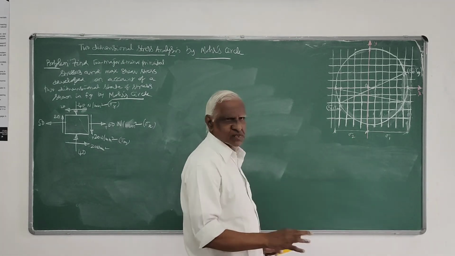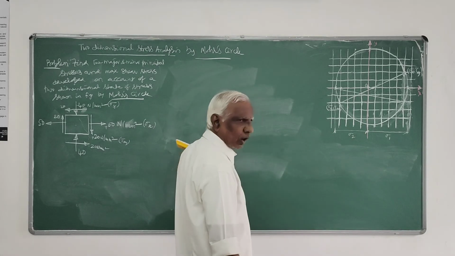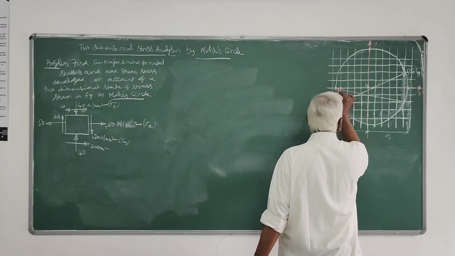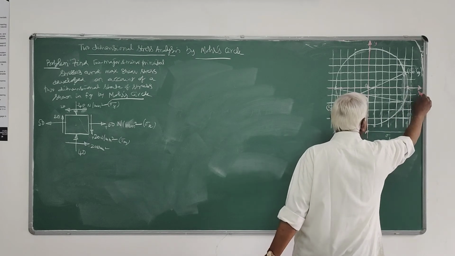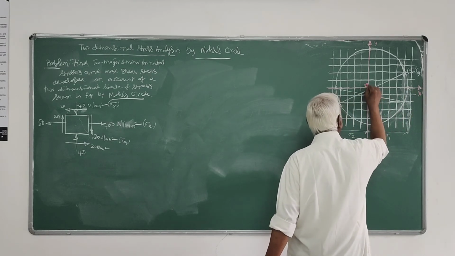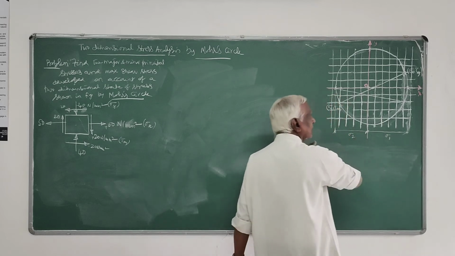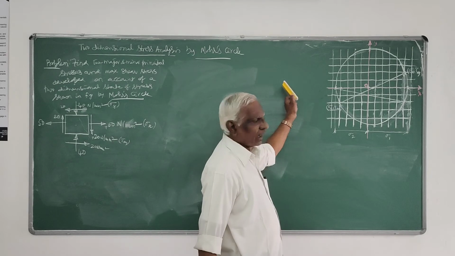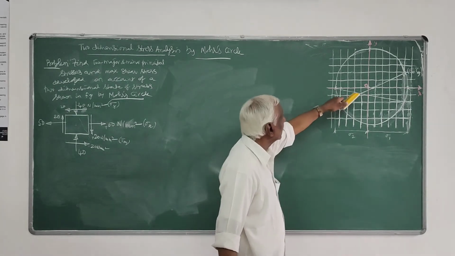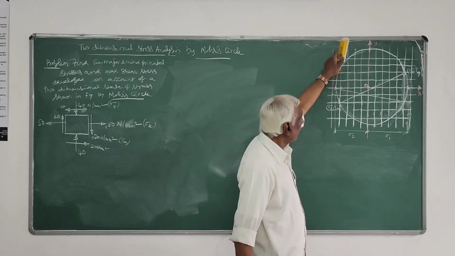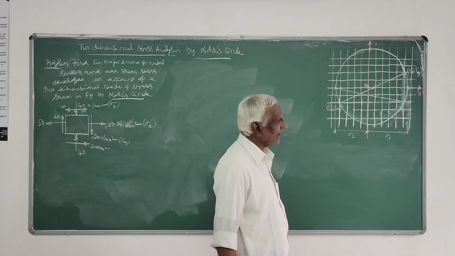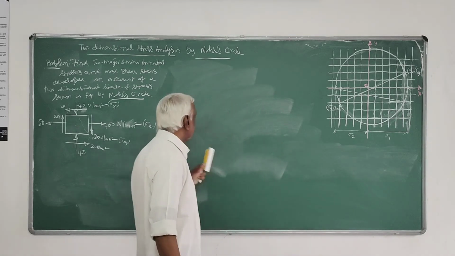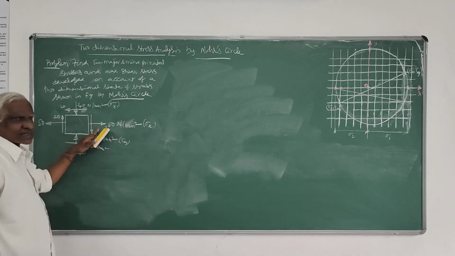I will select a suitable scale and go on plotting the state of stress. So here, this is the Cartesian coordinate system I have selected. O is the origin, OX is the positive x direction, this left side is the negative direction, OY is positive upward, and downward it is negative. So in this Cartesian coordinate system, I will first plot the state of stress.